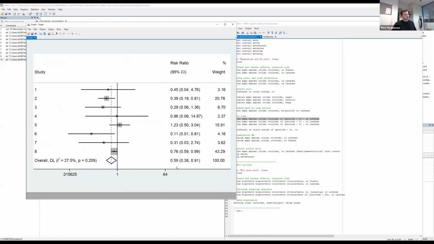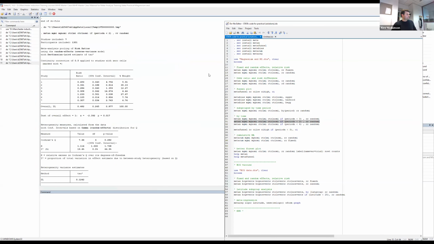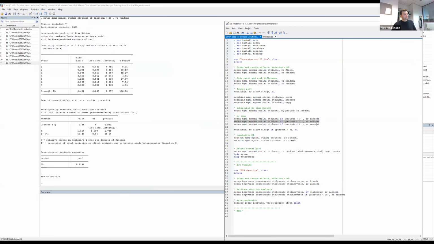If we look at time period 3, we can see that there is a statistically significant reduction. If we look at time period 2, there's still a statistically significant reduction.